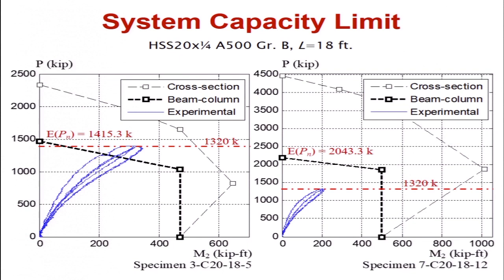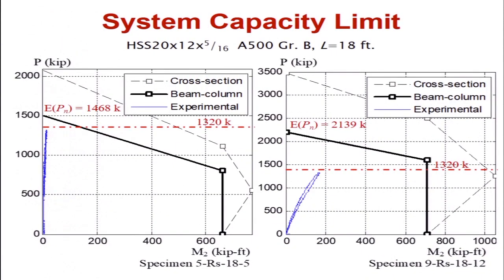Shown in red is the theoretical buckling load, and the blue lines are our tests. And you can see that in some cases we ran the tests up and down a few times. But in the case of this particular section, we didn't quite get up there, although it's kind of getting there. This one certainly, the other one over here, certainly did not come close to the buckling load.